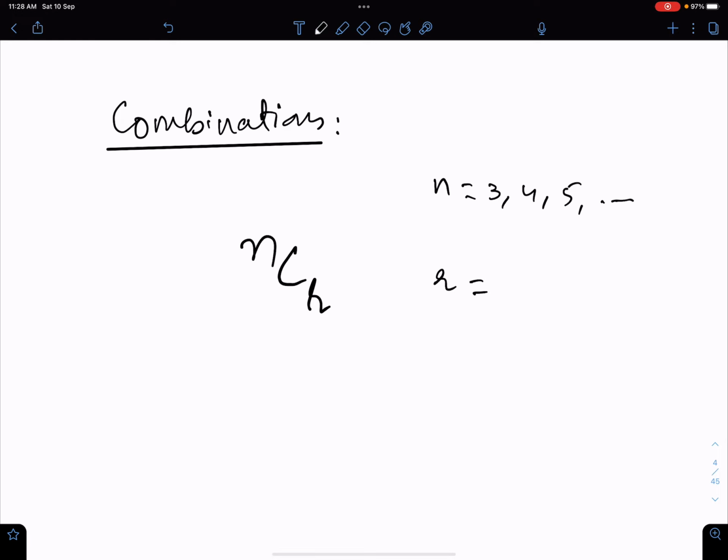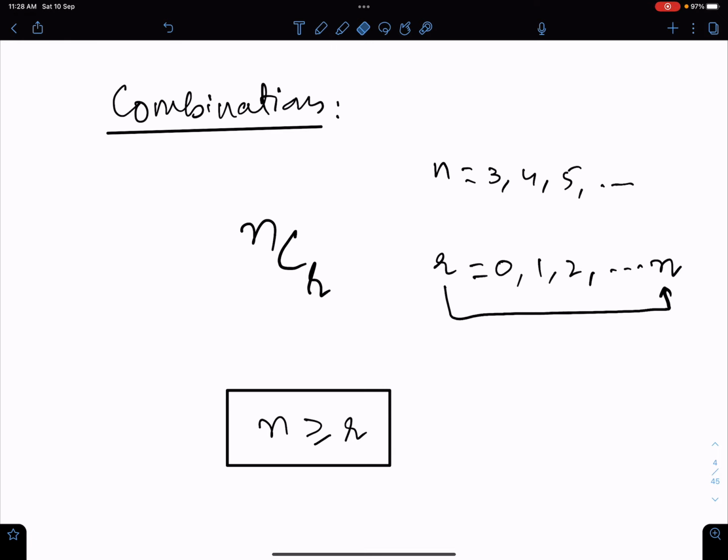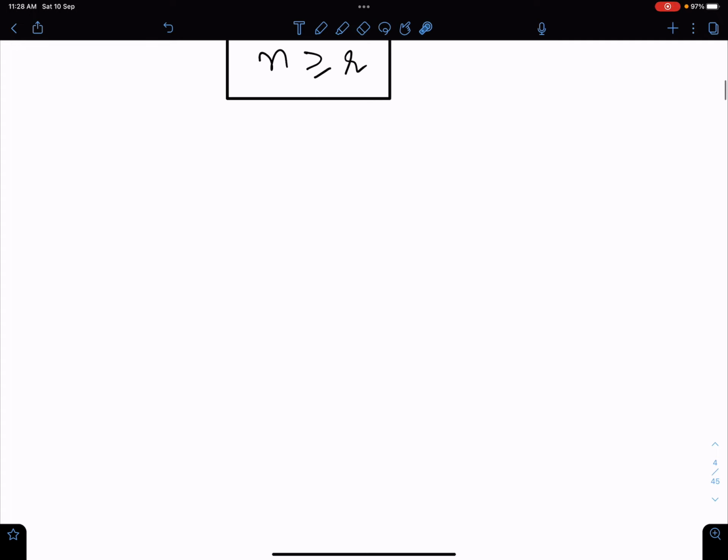And the value of r starts from 0, and its maximum value is n, because n is greater than or equal to r. You can find this symbol in your calculator, and you can evaluate these results as well.